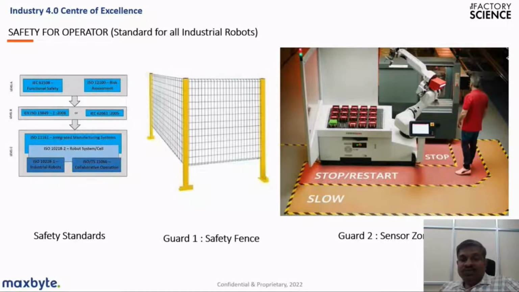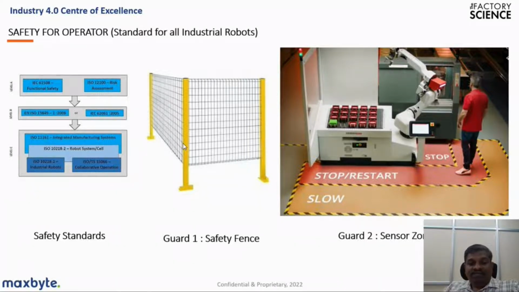Yes, this one will be for the safety of the operator. Actually, I mentioned two zones. This will clearly explain what the two zones are and how we can ensure the safety of the operator. First will be a safety fence. We can use this option where we shall not have any interference by the operator or person.